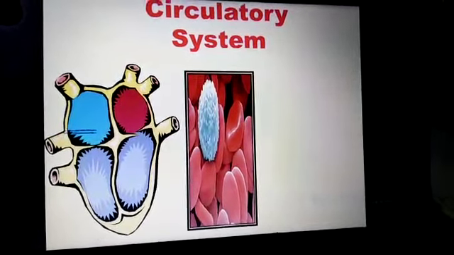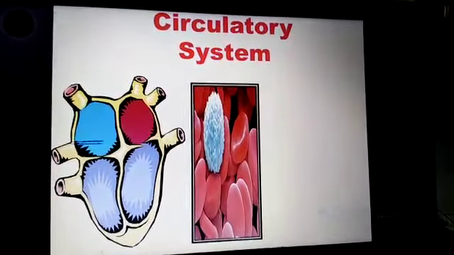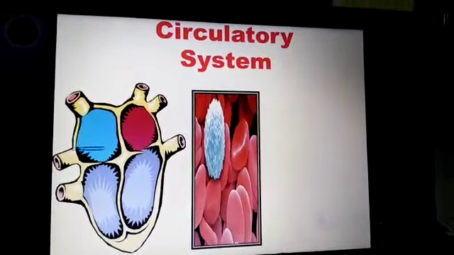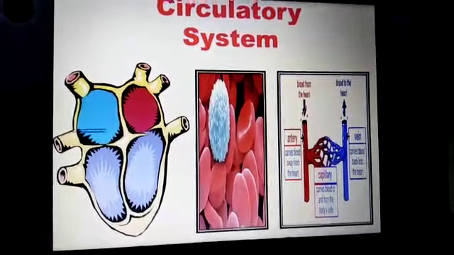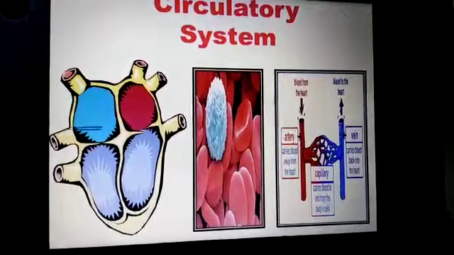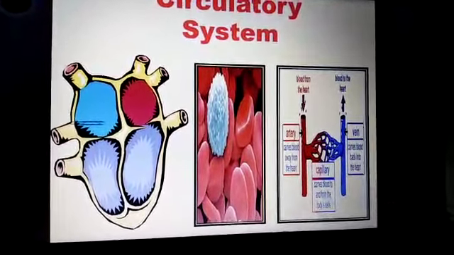The blood consists of red blood cells, white blood cells, plasma, and blood platelets. And this blood flows through very thin tubes, which are called blood vessels.